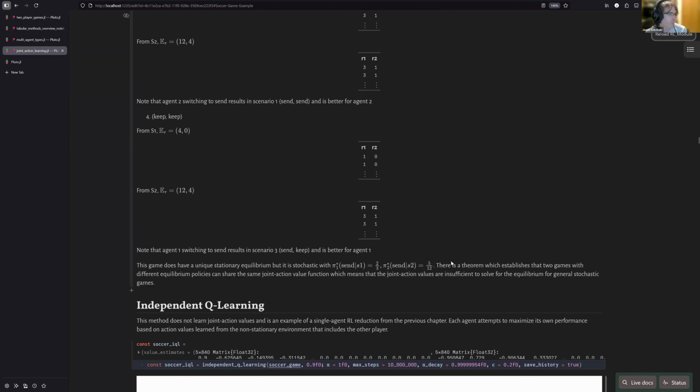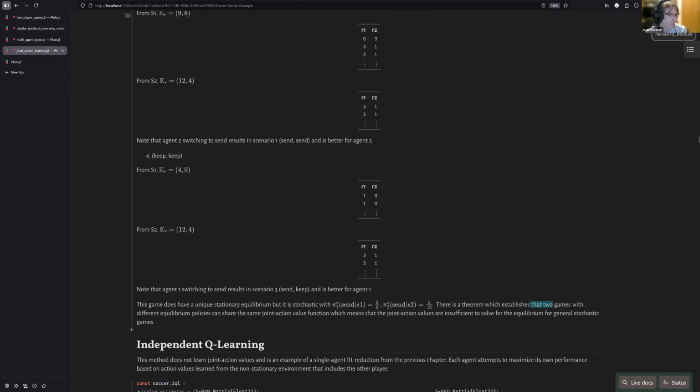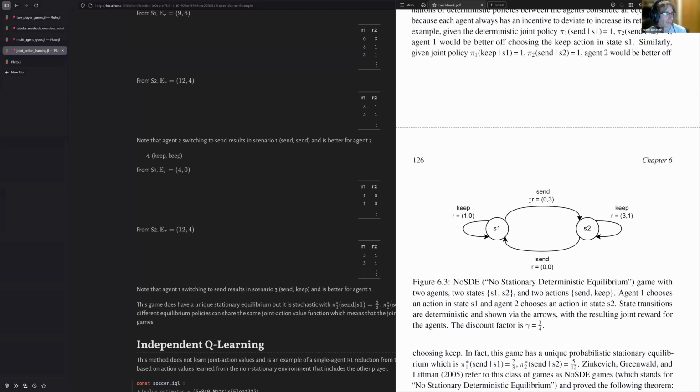There's a theorem mentioned in the book that says if we have two different games, they could have different equilibrium policies, but they could share the same joint action function. That means we can never derive from the joint action function the true equilibrium policy solution in the case of games like this.